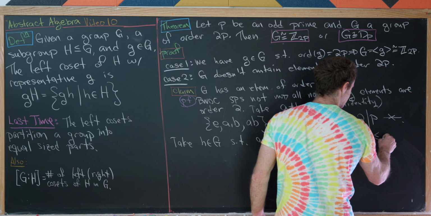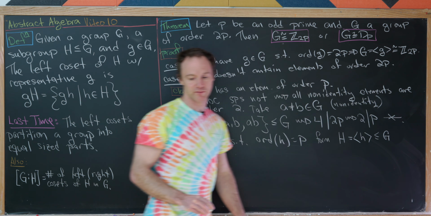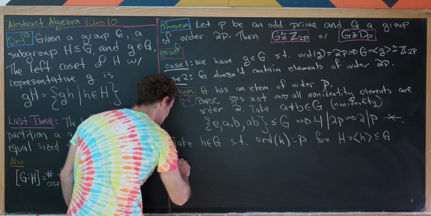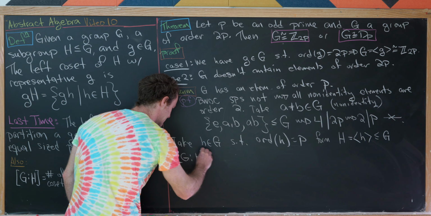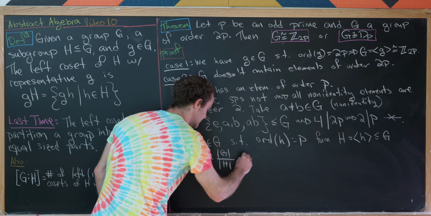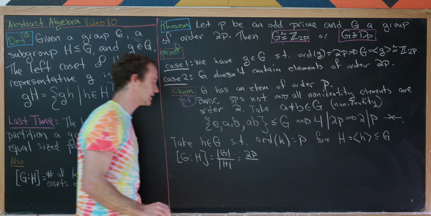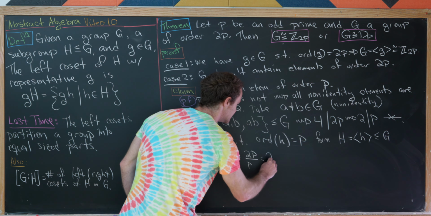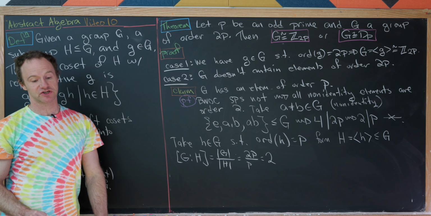And like I said, let's notice that that is a subgroup of G. Furthermore, the index of H in G is equal to the order of G divided by the order of H. The order of G is 2p. The order of H by construction is p, so that means this index is 2.